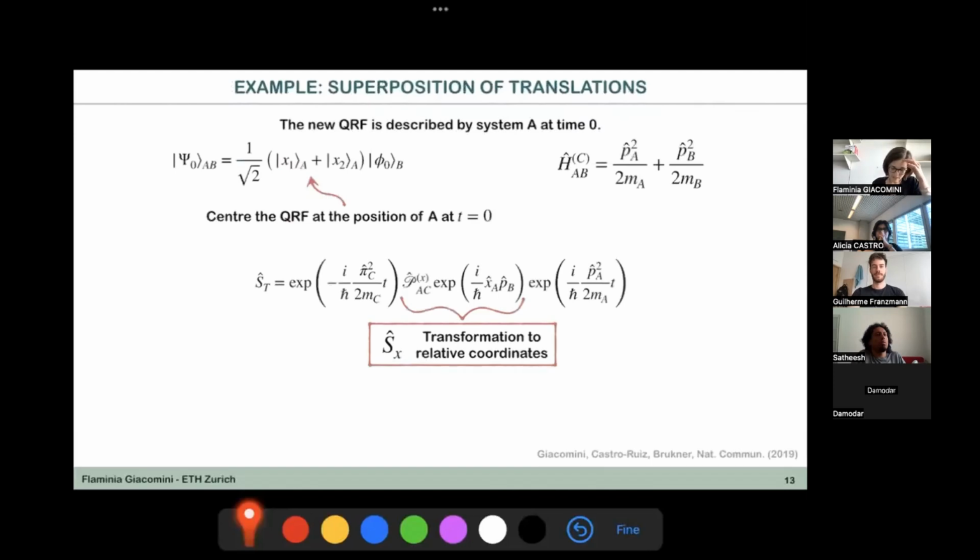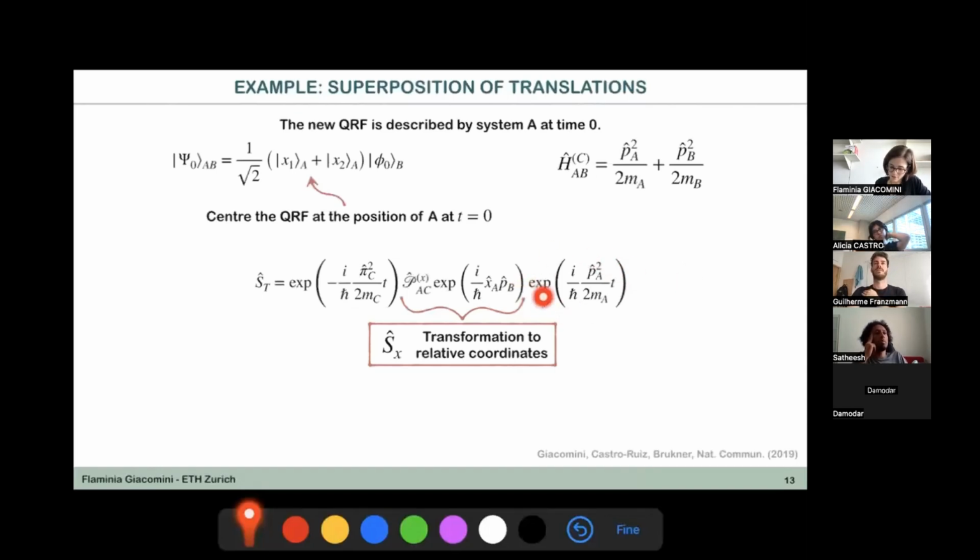And let us take as initial Hamiltonian the free particle Hamiltonian for A and B. Now, this is the transformation that generalizes the reference frame transformation. Now, to understand what this does physically, you should imagine we are in the Schrödinger picture here. So with the quantum state evolving and the operators independent of time, imagine that I am applying this transformation to the quantum state. Now, this will be the quantum state of A and B at time t.